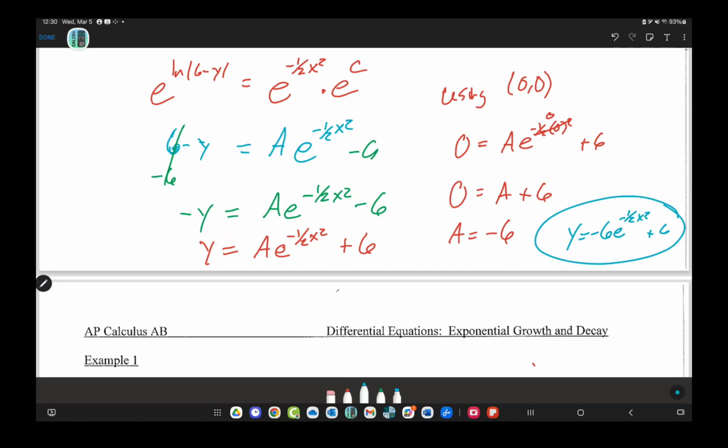It would still end up being negative 6, no matter what. It's just not much of a point in doing that. It just makes it easier, I think. Just never change the sign of your constant, because when you solve for it, the value will be the accurate value, as long as, again, you solve accurately.